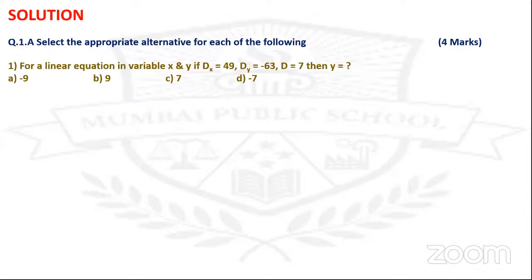Understand? Now here, check Cramer's rule. Check. Here the answer is A.